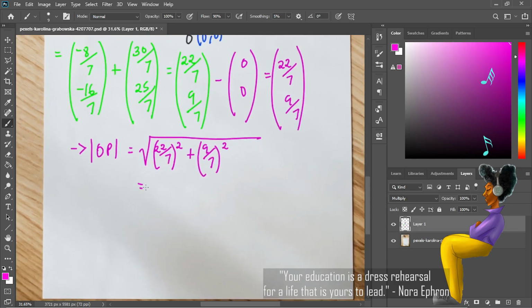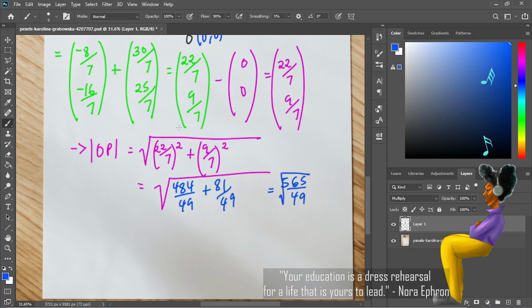So in this particular case, it will be equal to the square root of, when you take 22 over 7 squared, we get 484 over 49, plus 9 over 7 squared, we get 81 over 49. And when we add these, that will be 565 over 49, and we are square rooting.